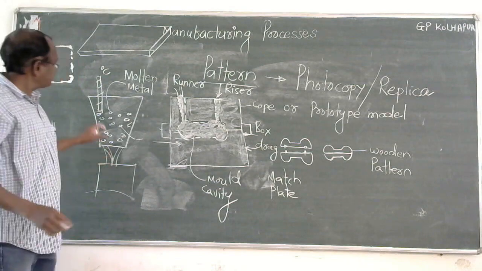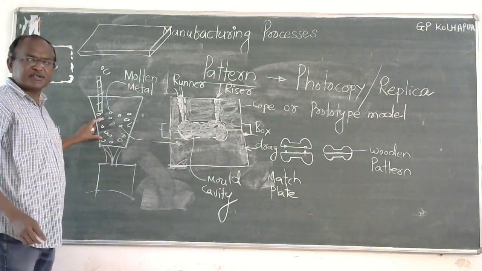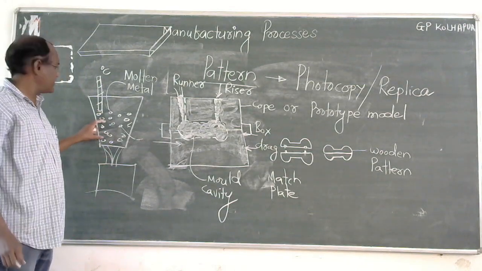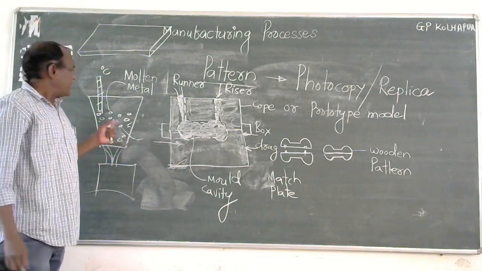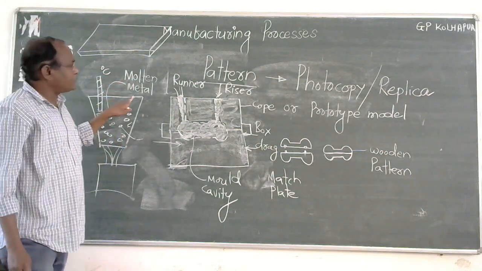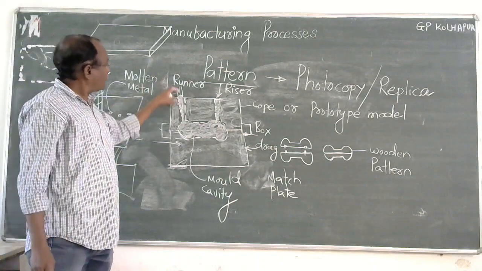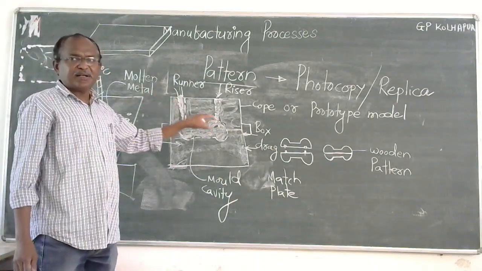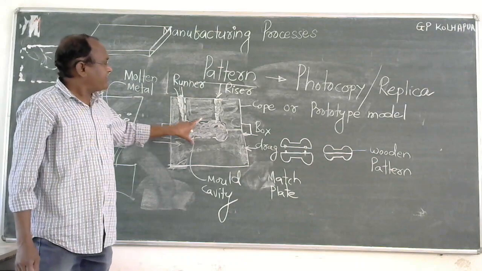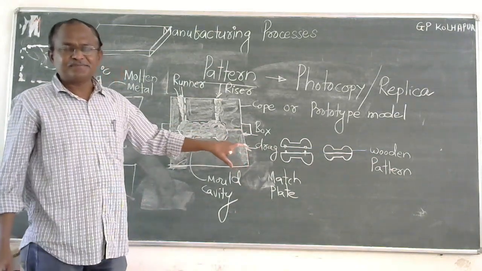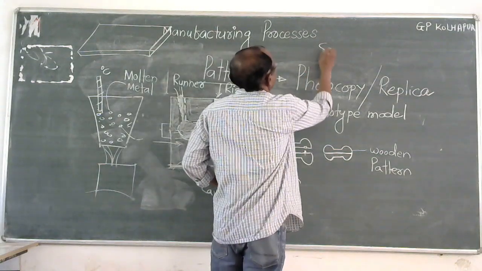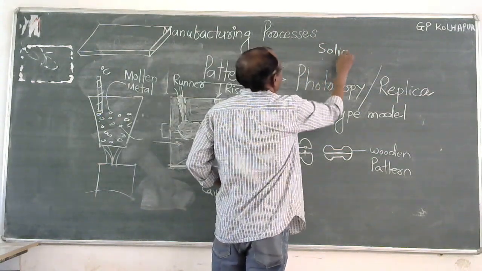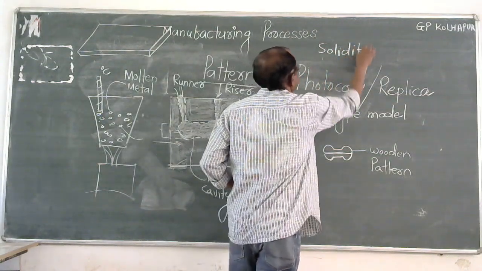Casting means you take metal pieces in a crucible, heat them up to a certain temperature, convert them into molten form, take the crucible and pour it into the mold cavity, and keep this mold cavity for a certain period. That process is called solidification.